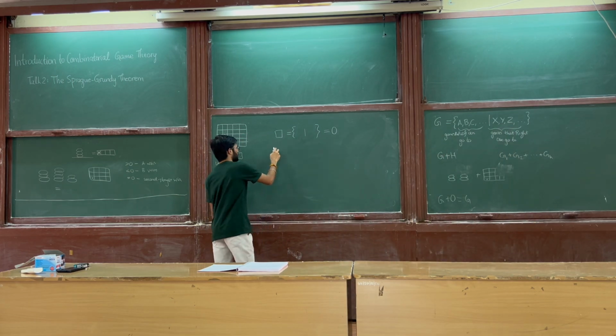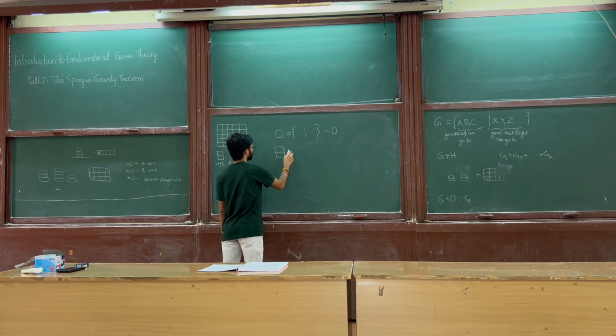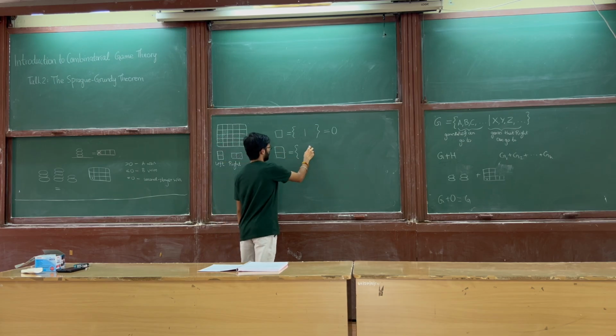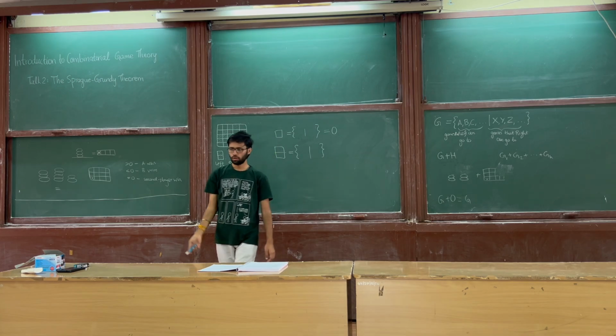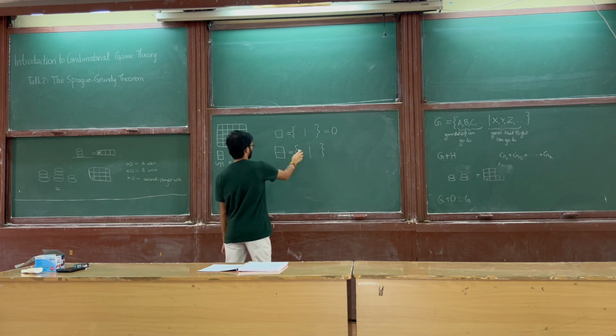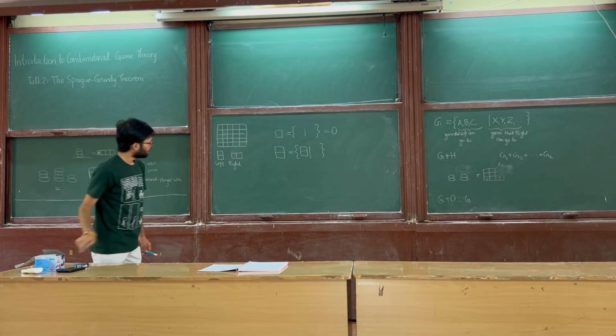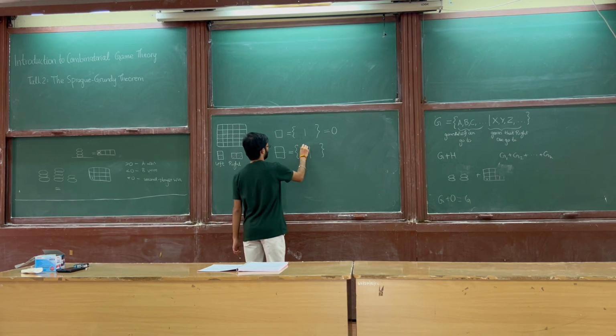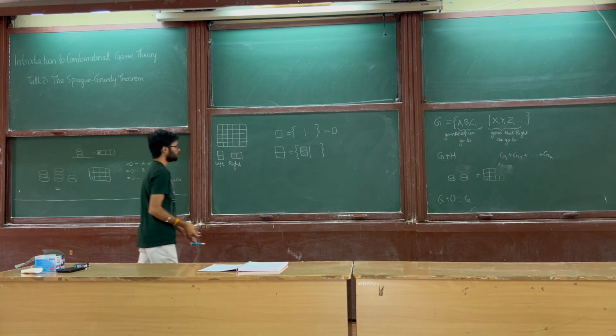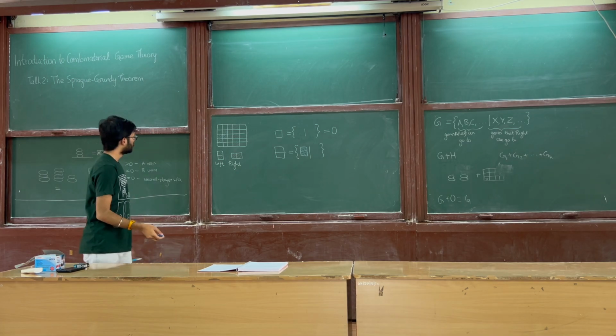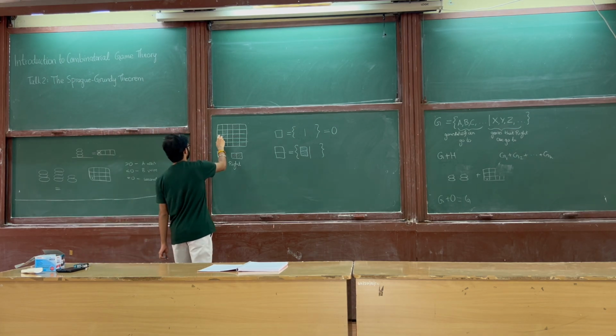And then the next thing is, let's say, a 2 by 1. Here, right still does not have any moves, but left has a move, and that move is to put a piece here.